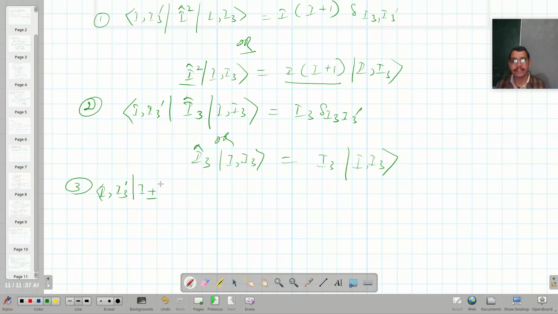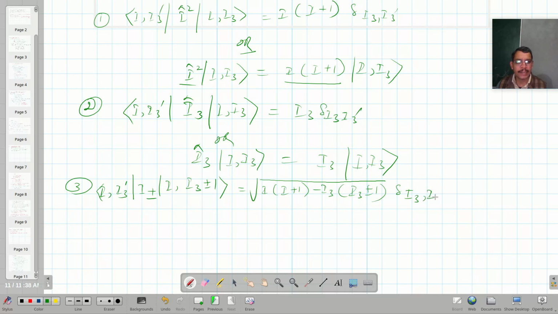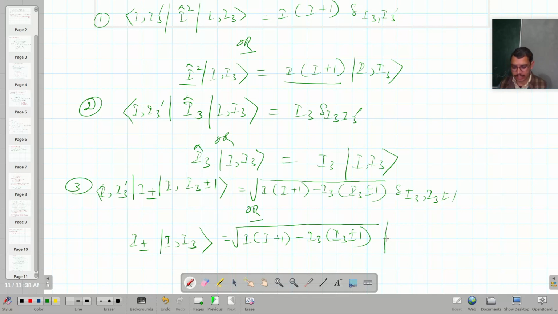For ladder operators, this relation is I plus minus acting on I, I3 gives the square root of I into I plus 1 minus I3 into I3 plus minus 1, multiplied by delta I3 plus minus 1. So that's it, right?